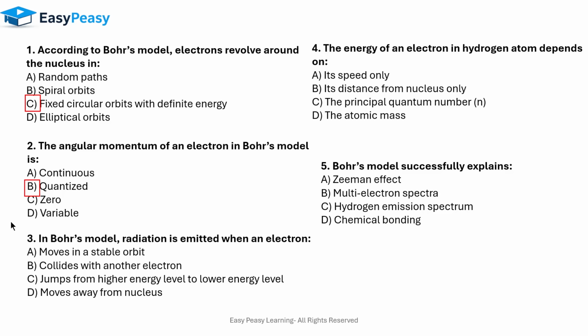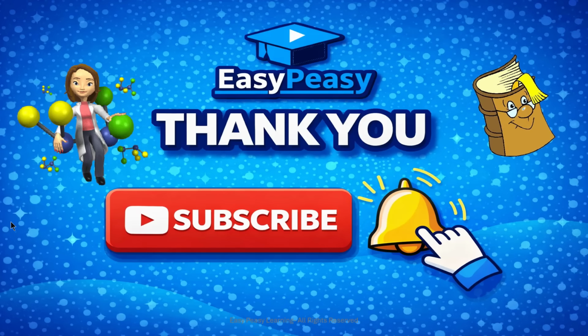In Bohr's model, radiation is emitted when an electron jumps from a higher energy level to a lower energy level. The energy of an electron in a hydrogen atom depends on the principal quantum number. Bohr's model successfully explains the hydrogen emission spectrum.